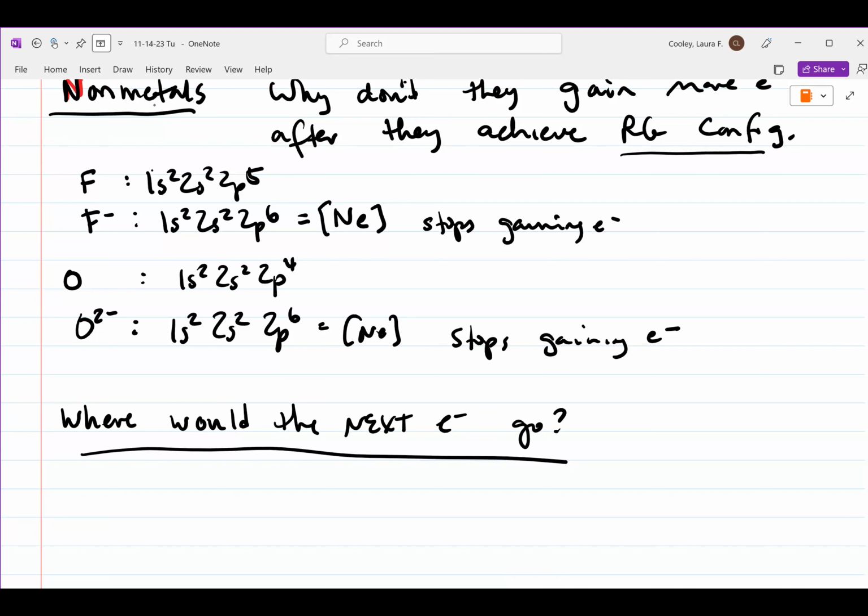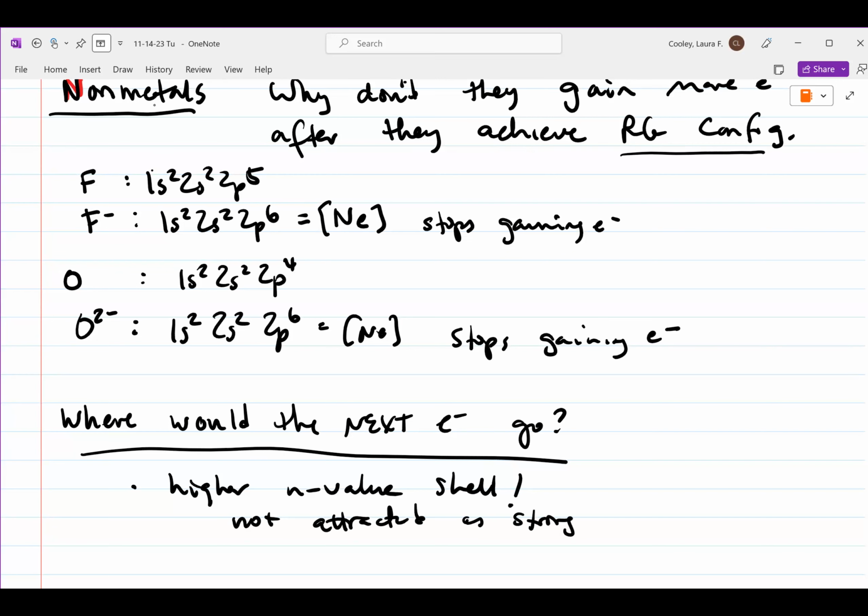And those higher n shells don't have as strong an attraction to the nucleus, so it wouldn't release as much energy to absorb an electron into one of those shells. It would go into a higher n value shell, which is not going to be attracted as strongly.